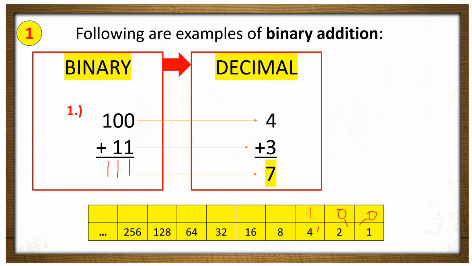So count only the on digit. So this is 4. Next, 1 is on here, and the next digit is on, meaning 2 plus 1 is equal to 3. Count only the on digits. So 4 plus 3 is equal to 7. So this is correct.